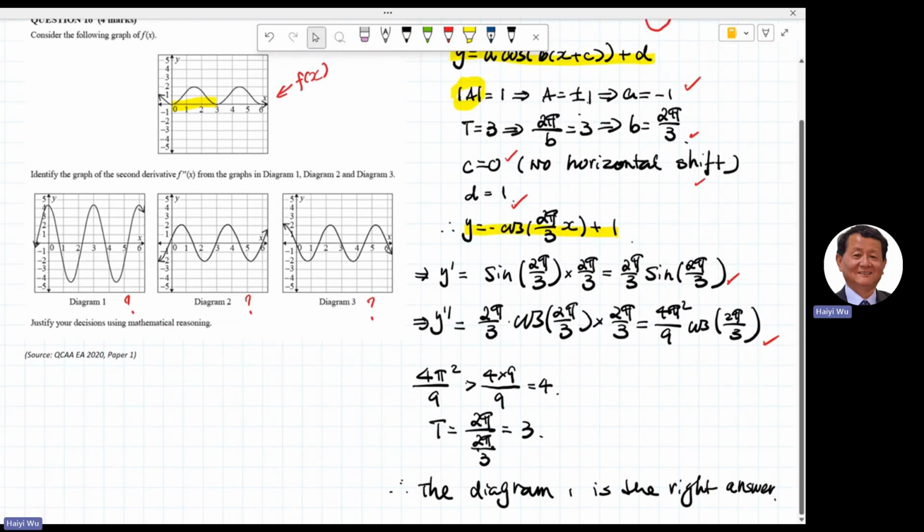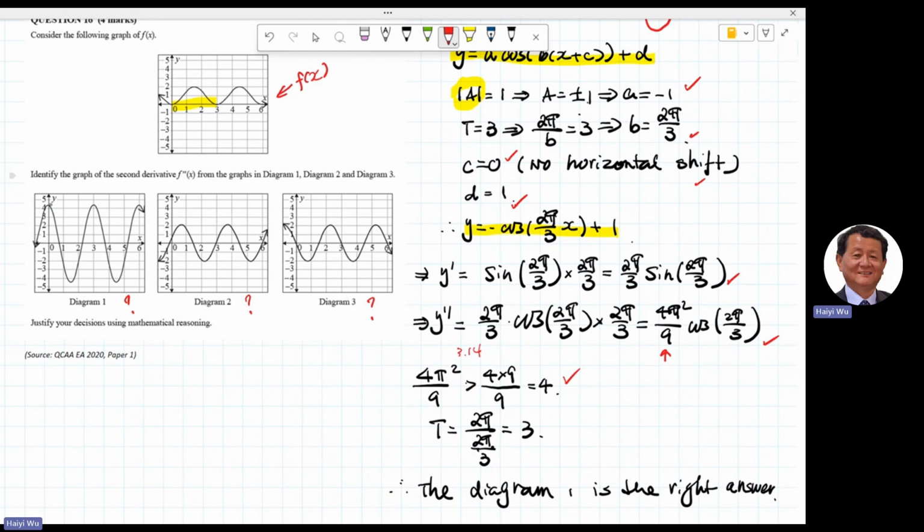Now let's compare those. Which one is cosine? They all look alike, so it doesn't matter whether it's cosine or sine. However, we look at the key indicator, which is the front number, 4 pi squared divided by 9. We know pi is 3.14, so this front number must be more than 3 squared over 9, so it will be more than 4.